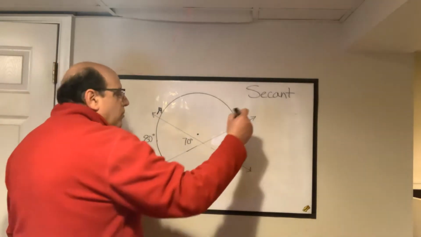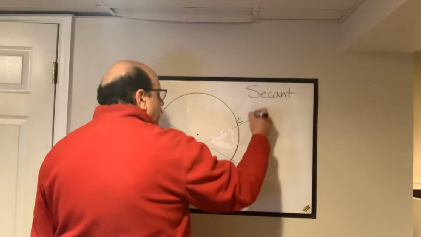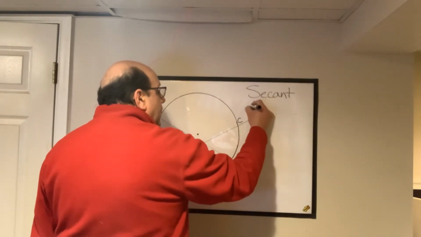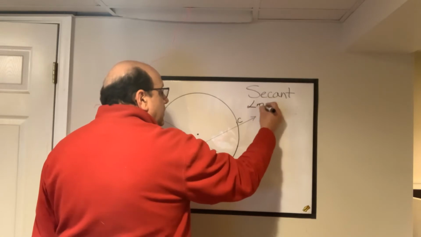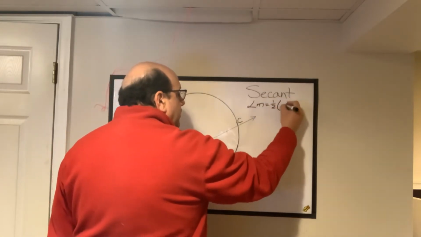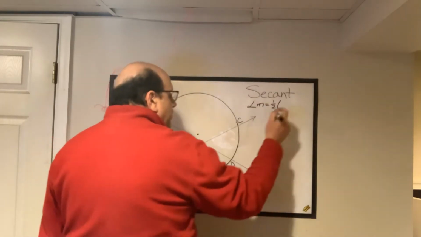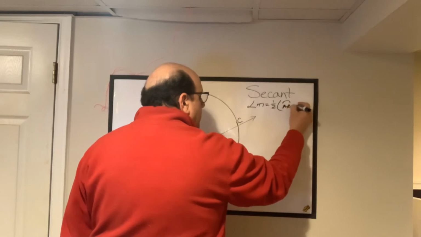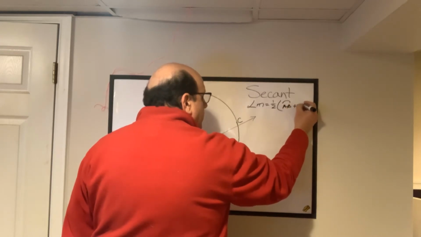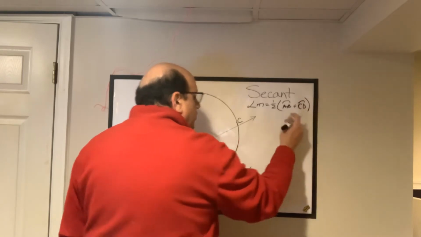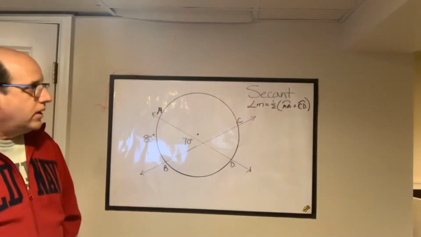And remember, the formula says that the angle is equal to 1/2 the sum of the two arcs, so AB plus CD, and those are the two arcs that I have here.